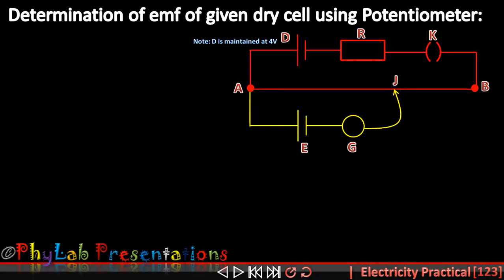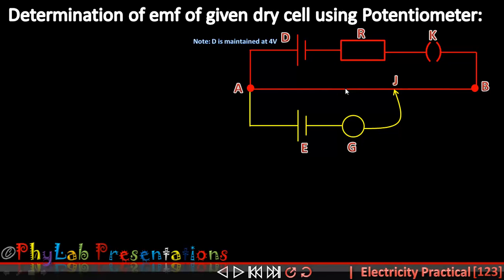The other end of the galvanometer will be placed at different lengths of this potentiometer wire to locate the null point where the galvanometer shows 0 deflection.